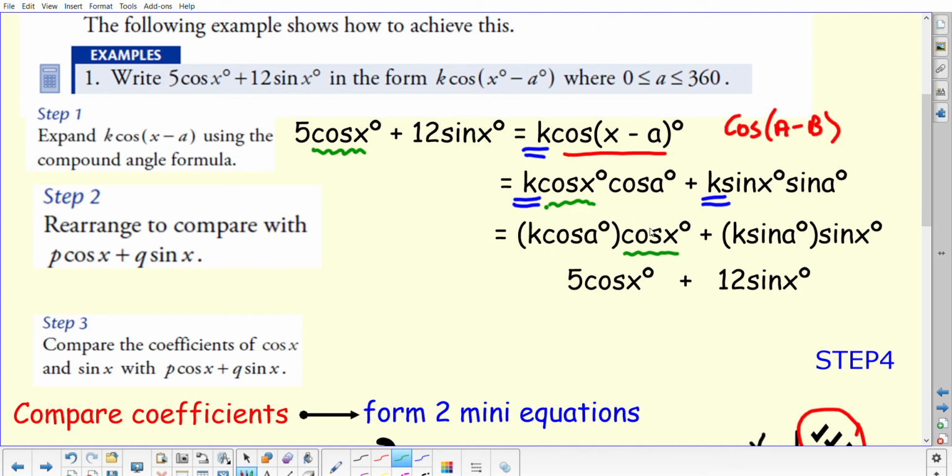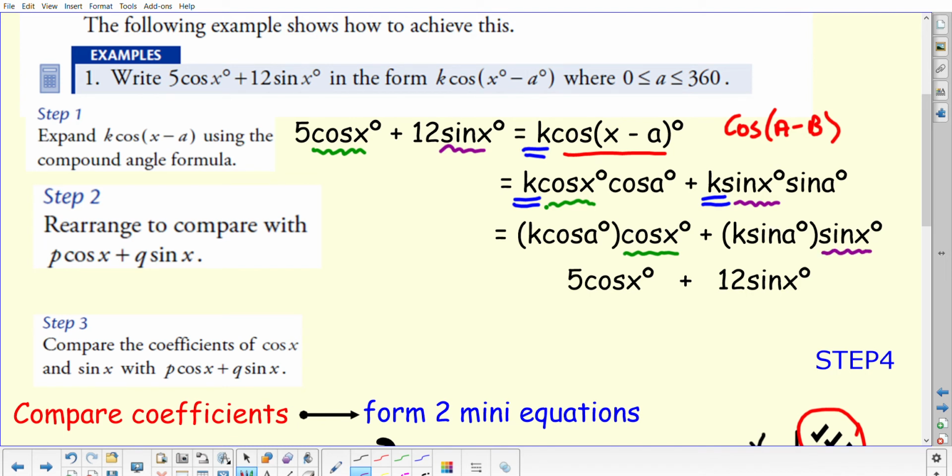All I've done to go from this line to this line is put the k cos a at the front and said that's my multiplier, and then I've got my sin term. There's my sin x, here's my sin x here. What's round about the sin x is k sin a, so that goes in brackets.